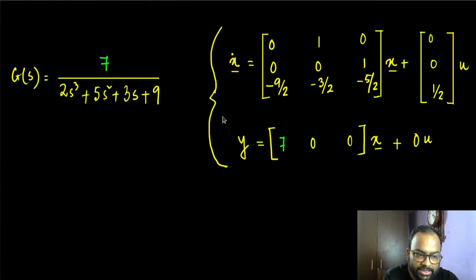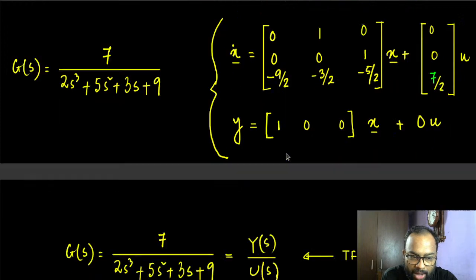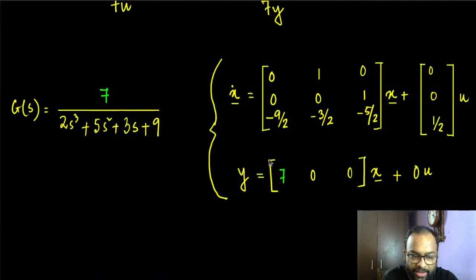So this state space model, this A matrix, B matrix, C matrix, and D matrix, describes the same system as this state space model. You see, they are different because I have a 7/2 here and 1 here, and here I have a half but 7 here. But these two state space models are equivalent. They lead to the same transfer function.